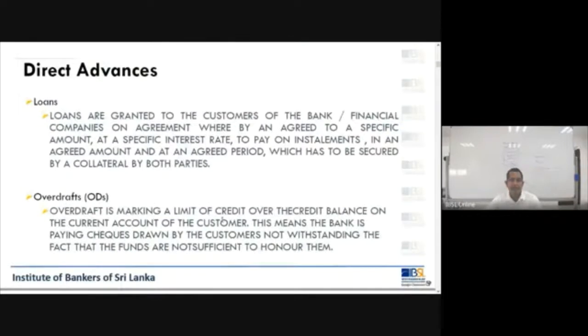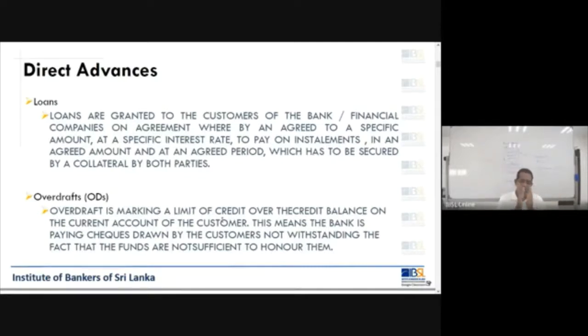So direct advances, we have mainly two types, loans and overdrafts. Loans are granted to a customer of the bank, financial companies, under an agreement whereby a specific amount is agreed at a specific interest rate, to be paid in installments of an agreed amount over an agreed period.